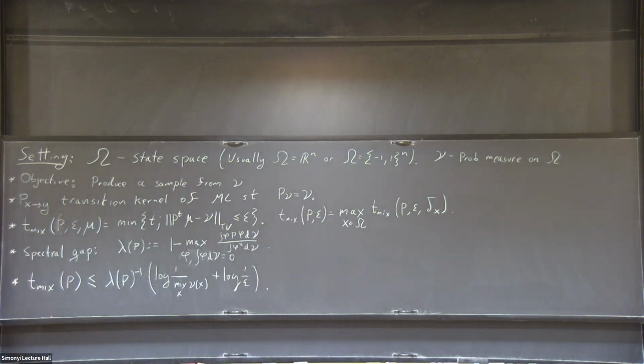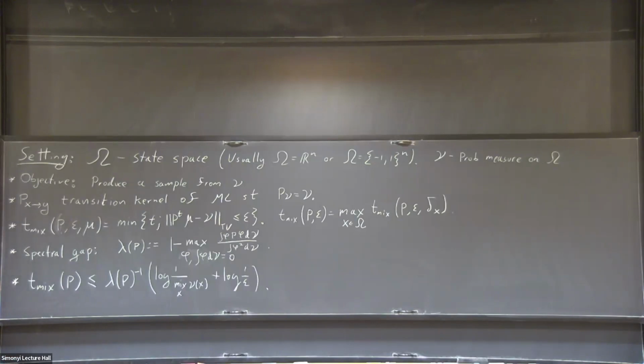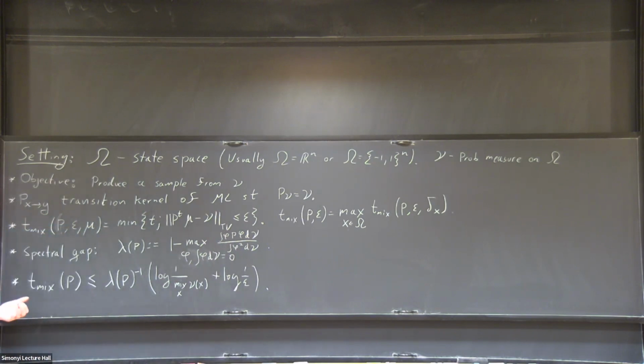So a very natural, very useful way to do it is by functional inequalities. And maybe the most basic functional inequality is a spectral gap inequality, which basically says, let's look at P as an operator. For us, we'll actually only consider self-adjoint operators.